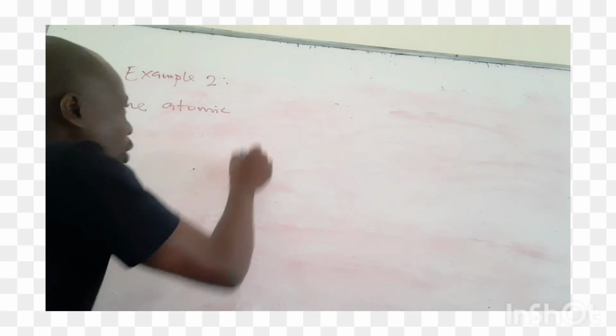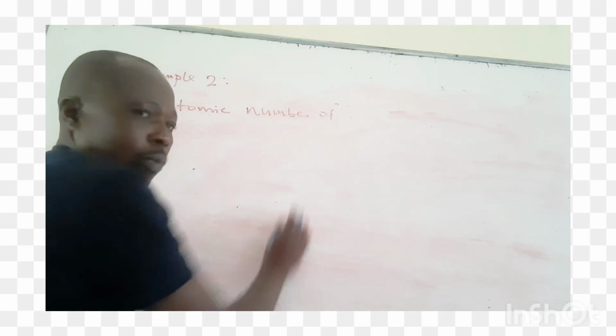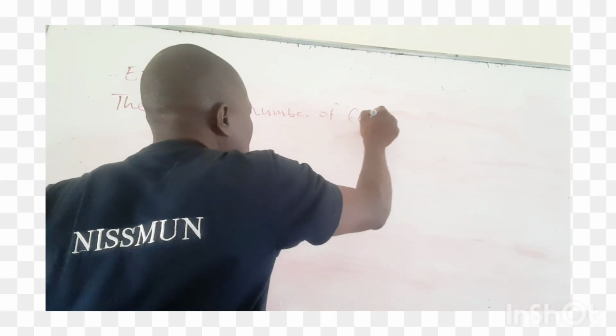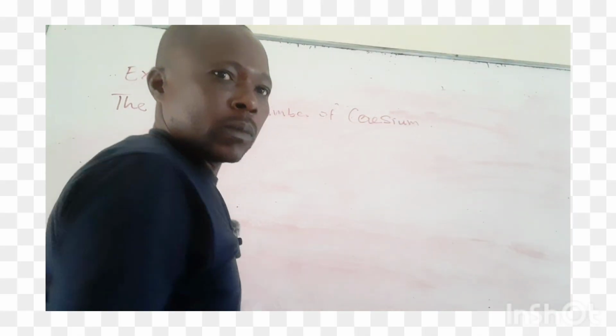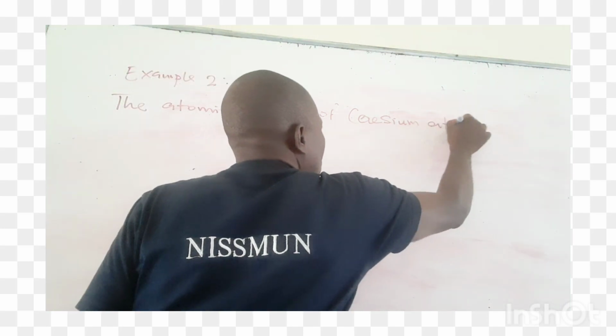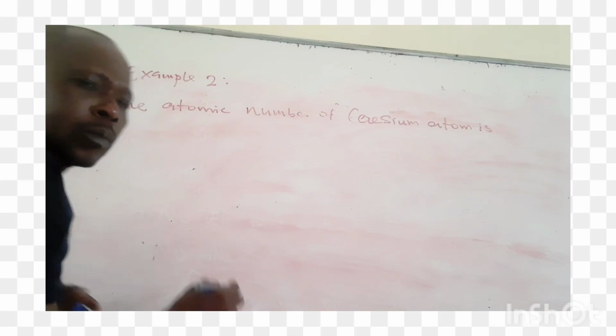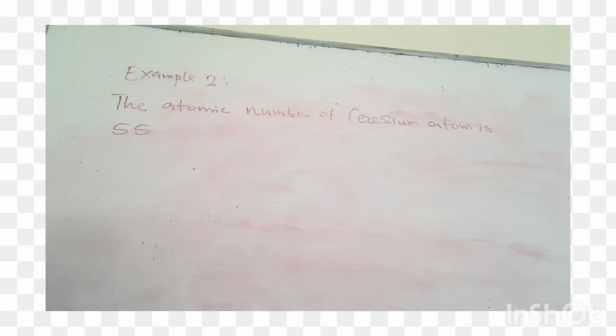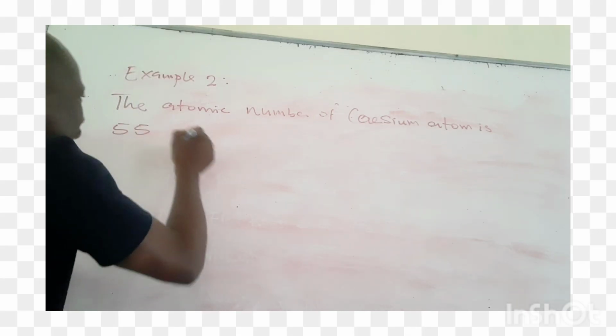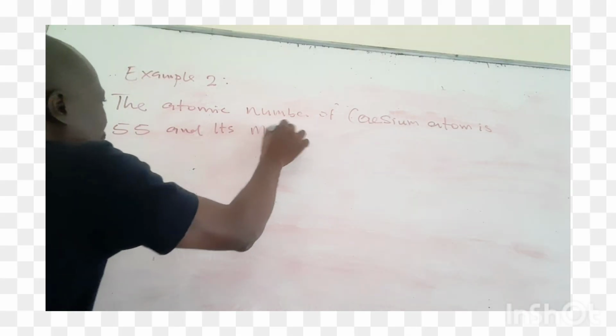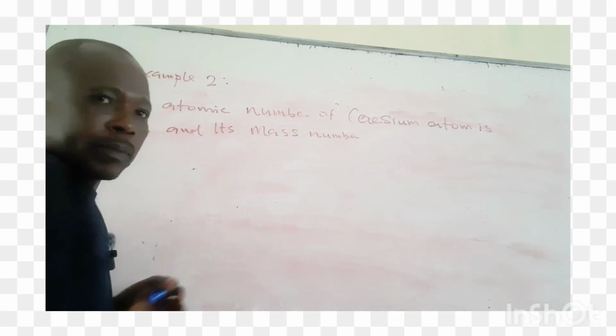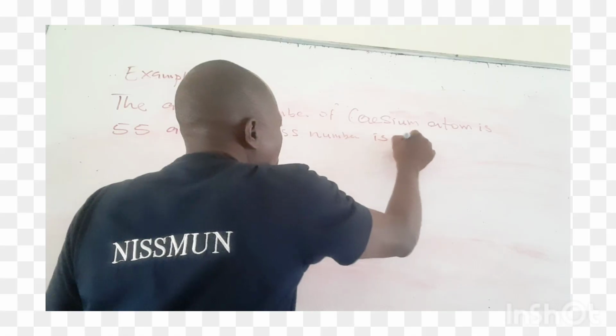This question, example number 2, says the atomic number of a cesium atom is 55 and its mass number is 133.